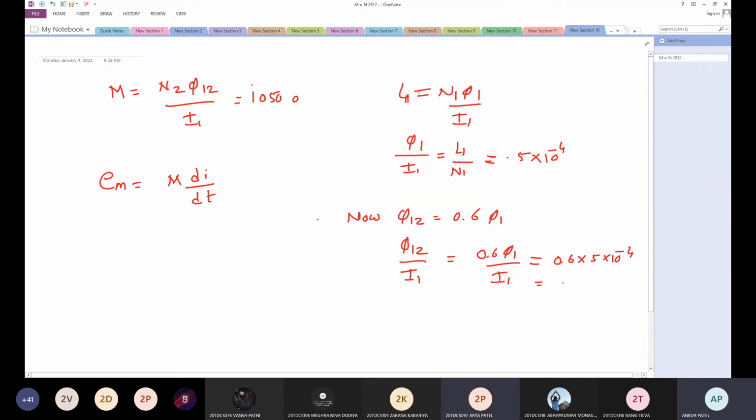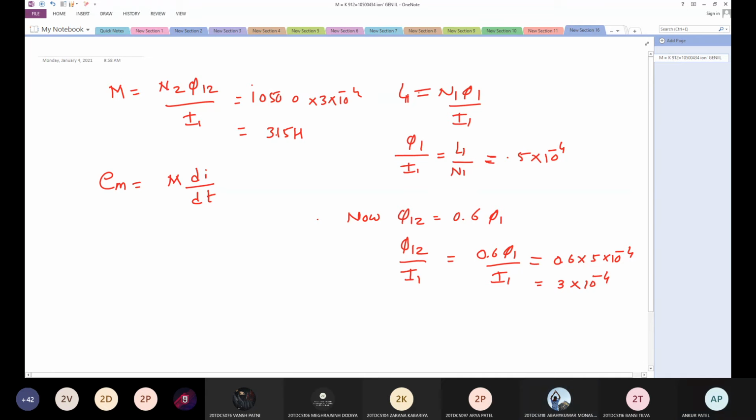So you will get 3 into 10 raised to minus 4. Okay. So this 10,500 into 3 into 10 raised to minus 4. So the answer is 3.15 Henry. Don't forget to write this unit, okay? Henry. It is mutual inductance. So the unit for inductance is Henry. So 3.15 Henry. Are you getting this, everyone?